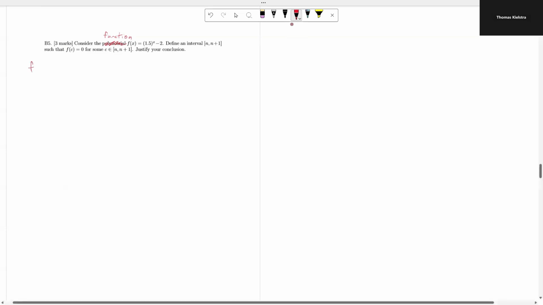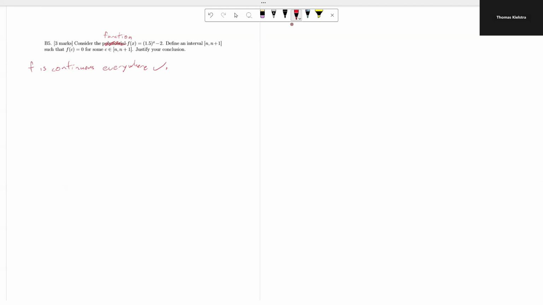So f is continuous everywhere. So we're good for continuous. So now we want two numbers such that one of our numbers is less than 0, one of our numbers is greater than 0. And then we can use intermediate value theorem.